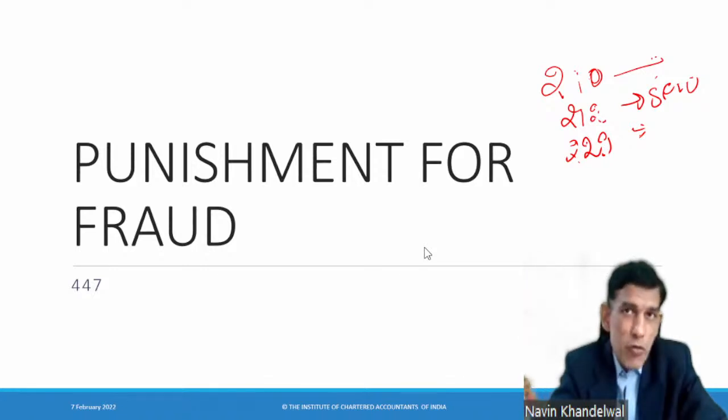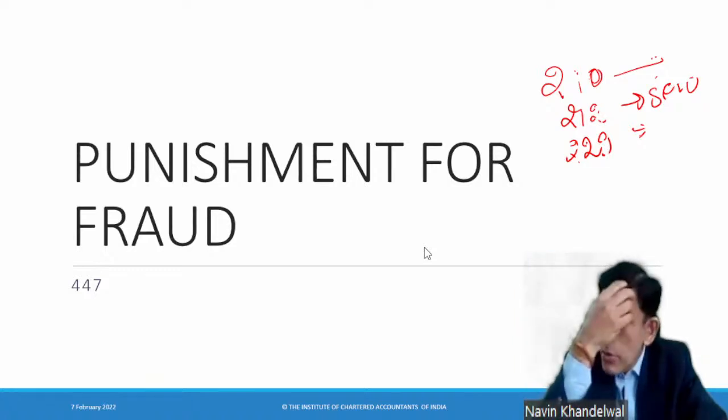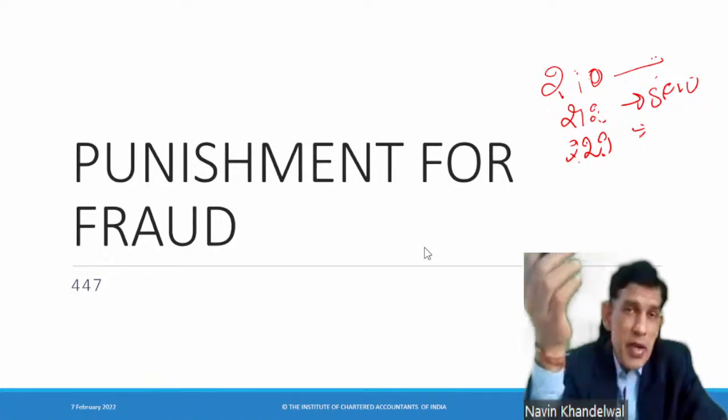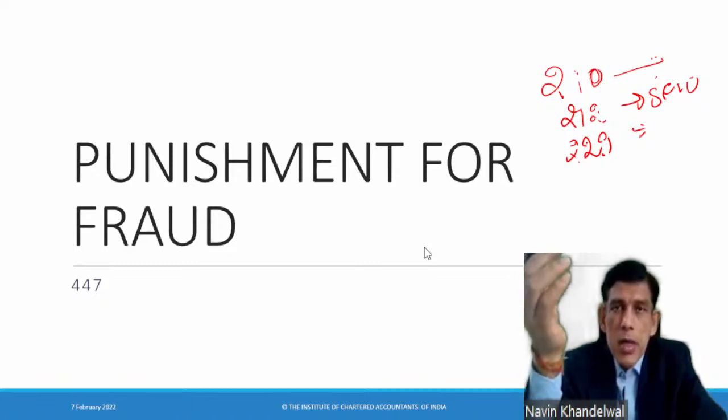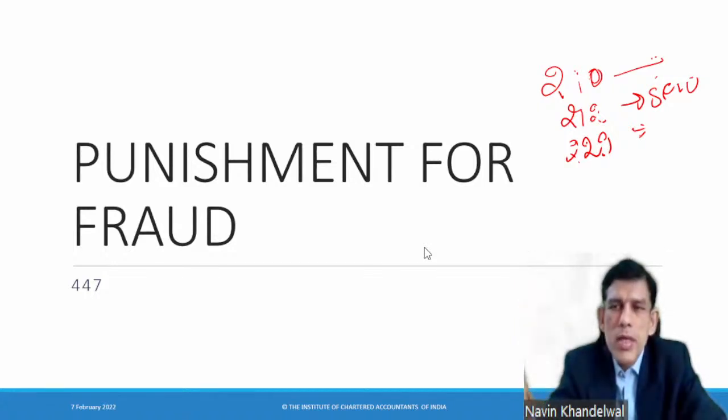They all refer to section 447, friends. There are a lot of references in this company law, and that is why I said it's a very important section. Apart from all the initial sections which you have studied in your inter-subject, I'm not touching those sections, just trying to highlight sections which you are studying in your final subject.